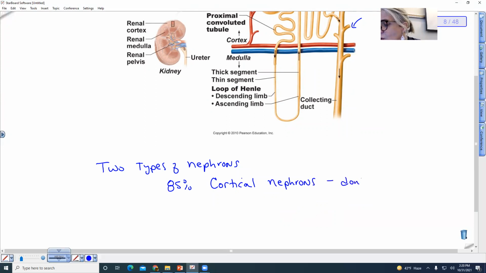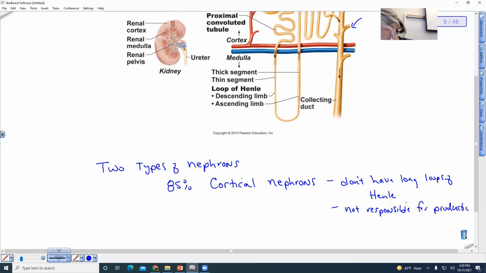That means that they are not responsible for the production of concentrated urine.